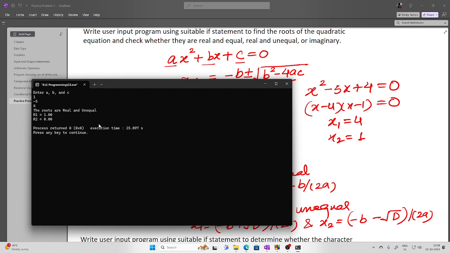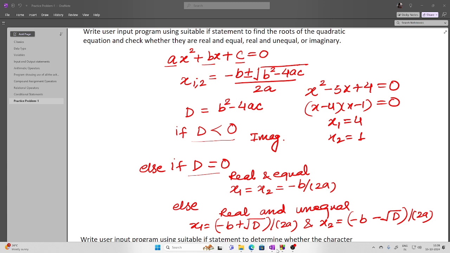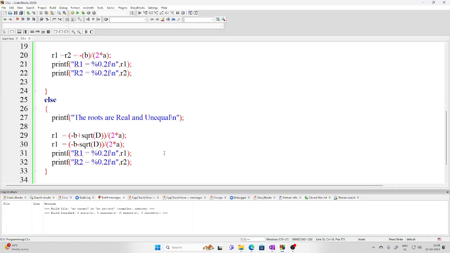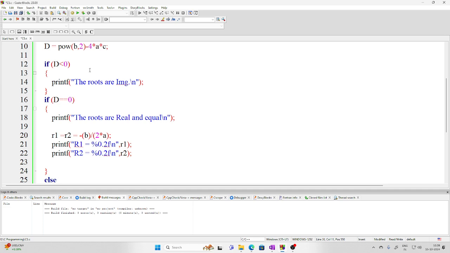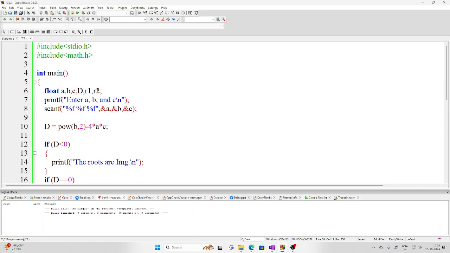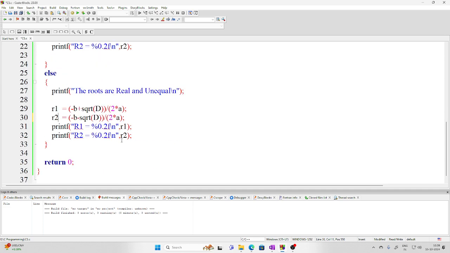What is the problem? Let us check where we have done wrong. Yeah, this is the problem. We have copied this, but we have not assigned it to R2. Initially, R2 was declared, but it was not having anything. It was having some garbage, so that garbage was getting printed.